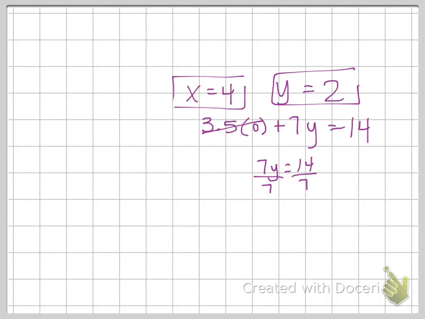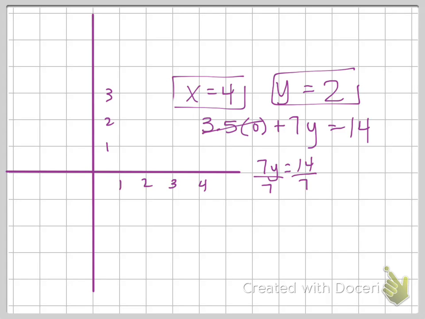So let's make our graph. Okay, so my y-intercept is at 2, so I go to positive 2 on the y-axis, and my x-intercept is 4, so I go to positive 4 on my x-axis, and then I just draw a line straight through them.